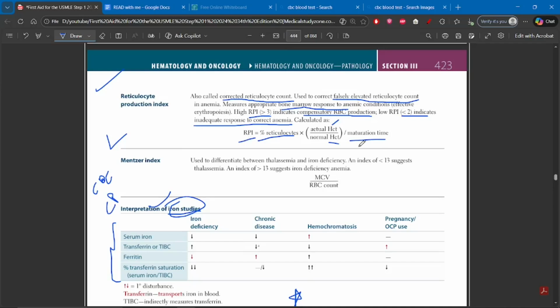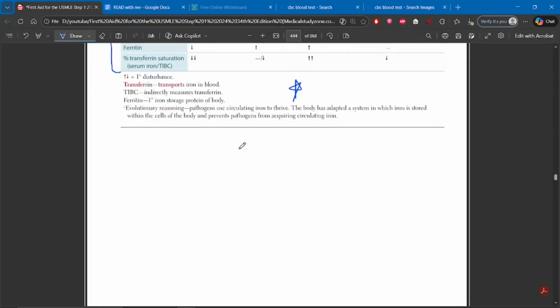They're not just going to ask you to memorize the formula, but if you know the formula, then that is good. The basic concept you need to understand is that this is a corrected count. This is also a count, but this is a corrected count. What happens is when there is anemia, I've also explained in my previous lecture, if there is less blood, there is less number of RBCs. So obviously, when there is something less, the body is going to start to increase its production, right?